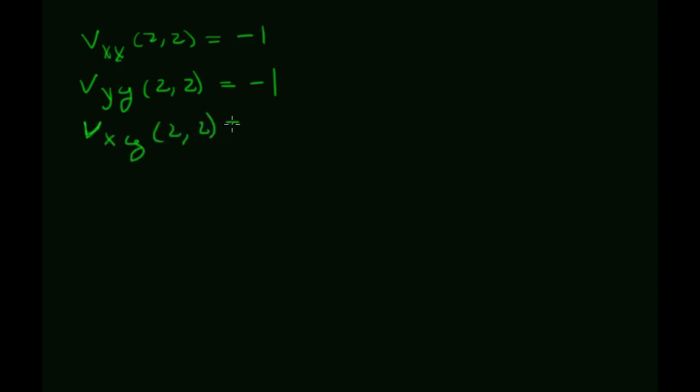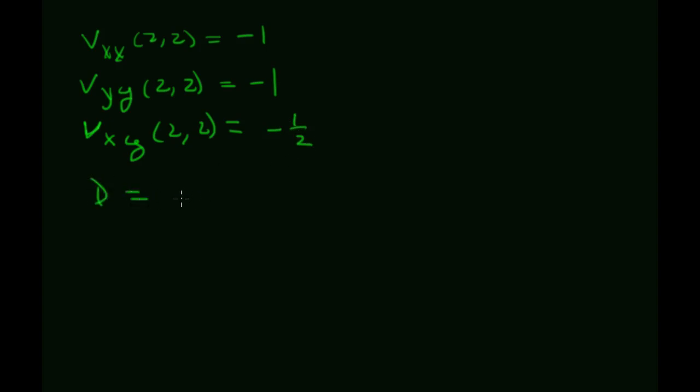Okay, so if you want to, you can work this all out, but we know that this is actually going to be the maximum. But if you were to take the second derivative with respect to x at 2, 2, right, those are the x and y values, you're going to get negative 1. The second derivative with respect to y at 2, 2, it's also going to give me negative 1. The second cross derivative at 2, 2 gives me negative 1/2.